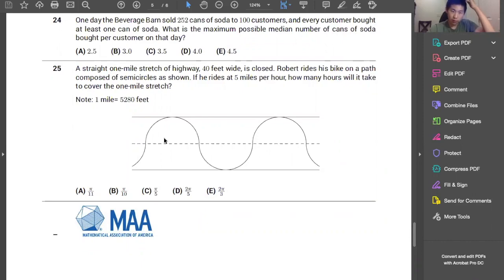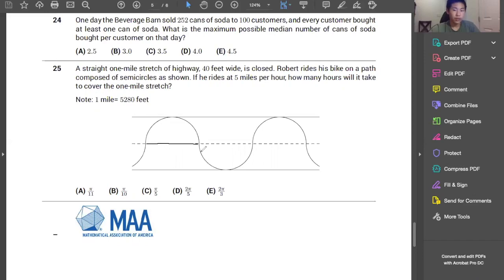One thing that we realize is that the fact that it's 40 feet wide doesn't really matter, because basically what the problem is saying is that instead of traveling on a straight line, he's taking the semicircular path.